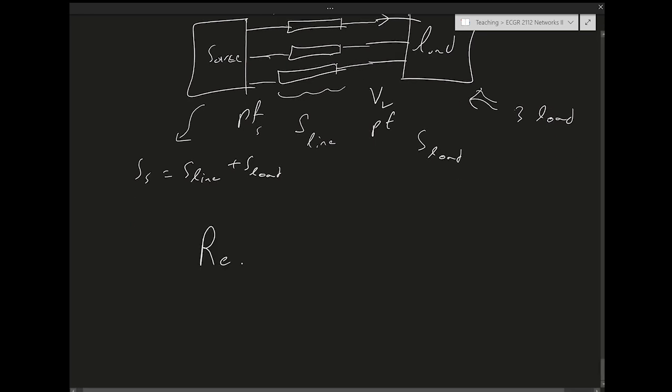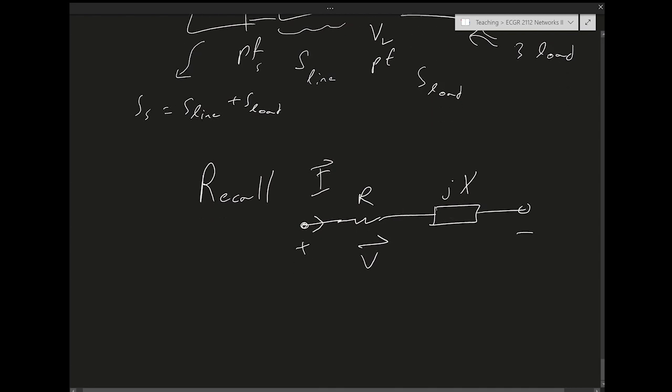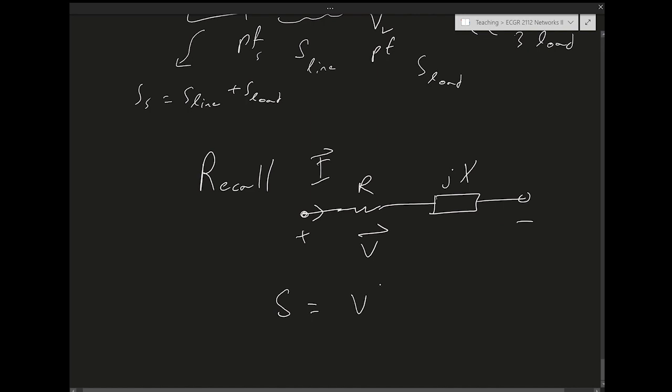Recall that if I have some kind of impedance R plus jX, then I have my current phasor going in, and then my voltage phasor. This is the impedance Z, and I want to write S in terms of Z. We did that, but I'm going to review it for you. S is the V phasor times the I phasor conjugate.